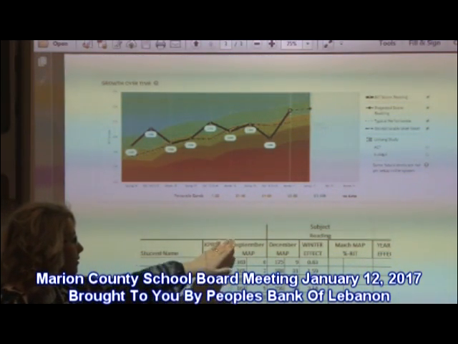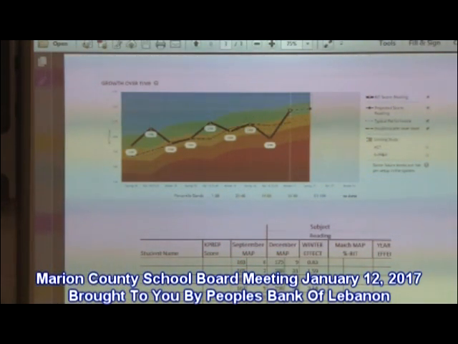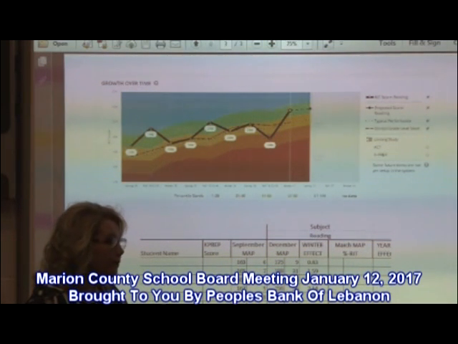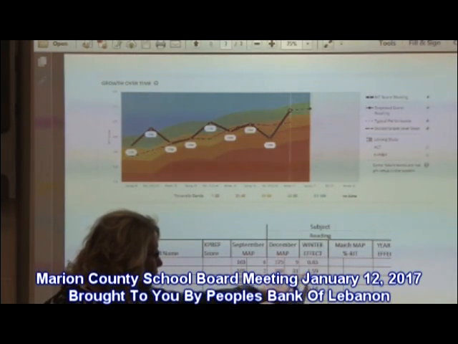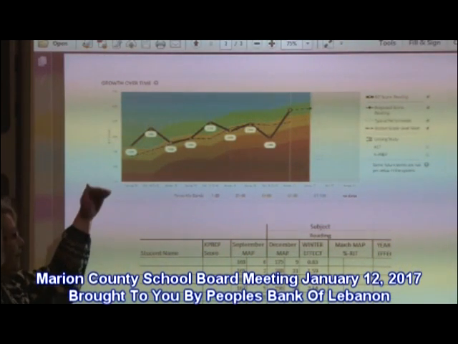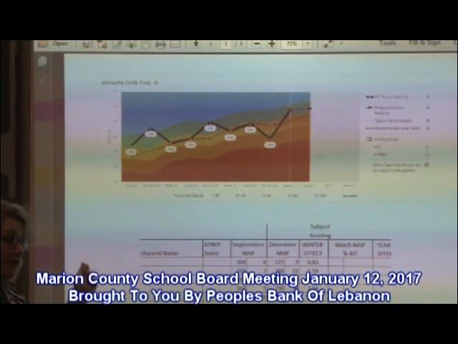You can see that it shows their September RIT, their December RIT, and then we have a formula that is called an effect size formula that we can look to see if a child is growing that typical growth. And so if this number is not a 0.4, we know that that's a child that we need to provide specific interventions for. So I felt obligated to let you see these pieces of the puzzle that we're putting together to address some of these scores that are not where we typically see them.